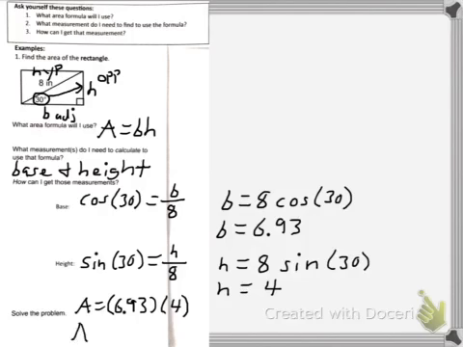So my final area, when I punch that in my calculator, my area of that rectangle is going to be 27.72. And that's going to be in inches squared.